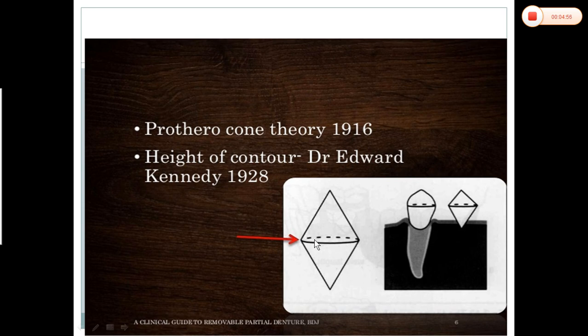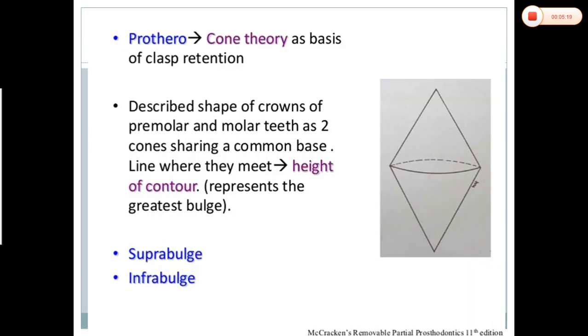Kennedy has termed this greater diameter the height of contour. So Prothero put forward the cone theory, and the term height of contour, where the greater circumference of the tooth is identified, was given by Edward Kennedy. See, two cones with a common base. This area is known as the height of contour.